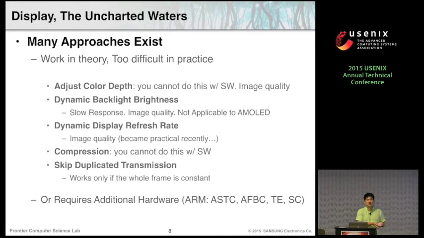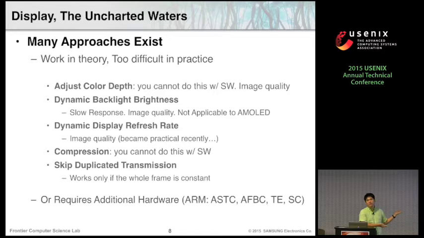Also, dynamic backlight brightness reduces the power consumed by the backlight of LCD displays, but because backlight devices have longer latencies, we cannot use it frame by frame. We need to expect such latencies, and the image quality also degrades, so we cannot use that either.